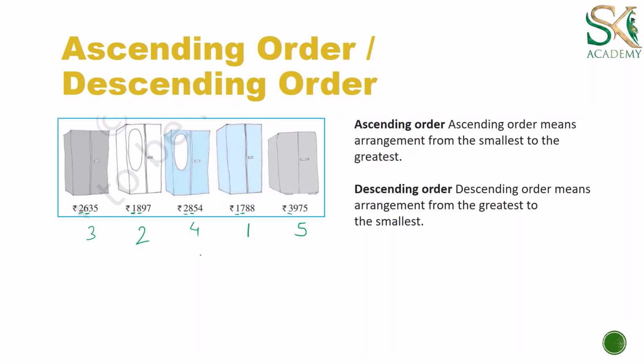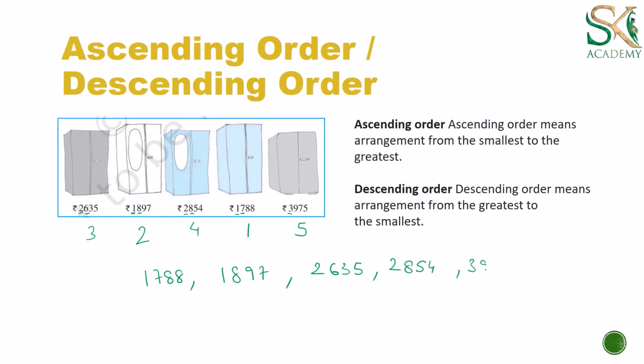Now if you have to write this in the ascending order, what do you need to write first? First you have to take the value of 1788. Next is 1897. Next is 2635. Next is 2854.